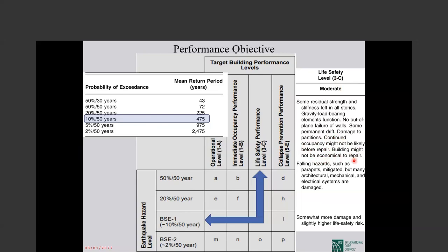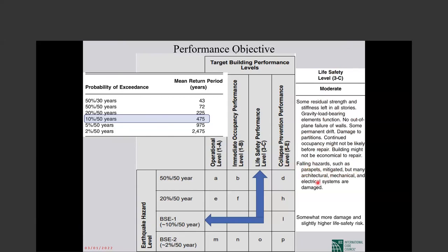So most of the buildings that we design provide life safety, but after an earthquake, they should be demolished. These are what we see in the structural elements. For non-structural elements, falling hazards such as parapets are mitigated. We don't have this kind because it's life safety. So when we say life safety, they shouldn't fall.